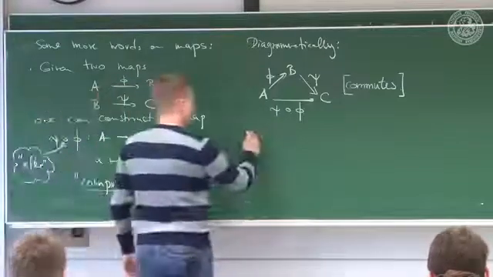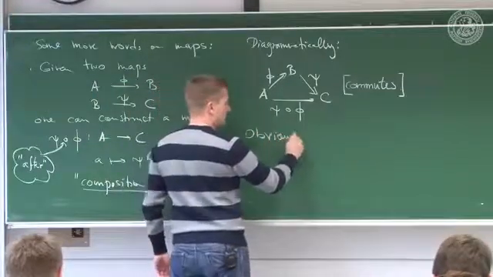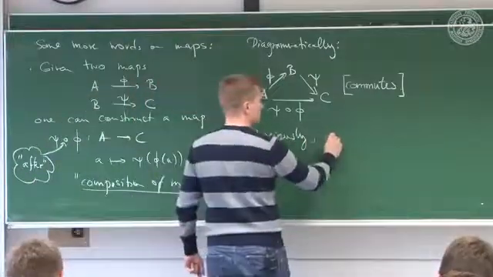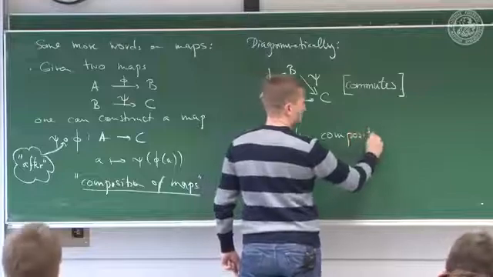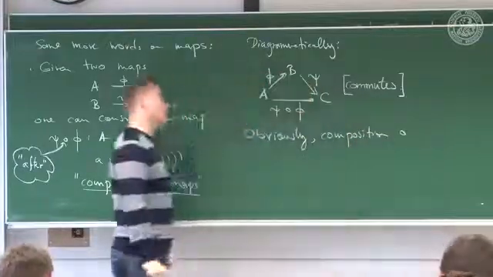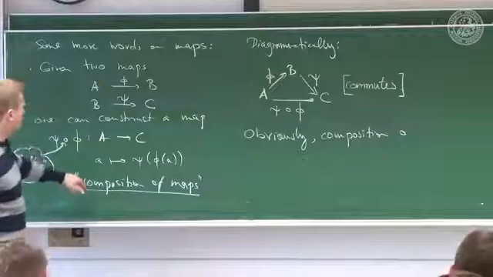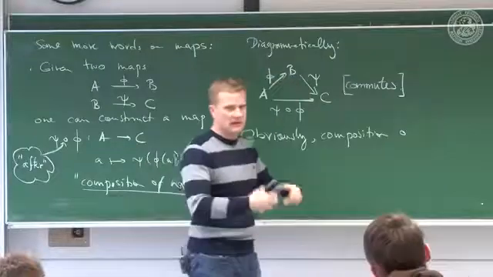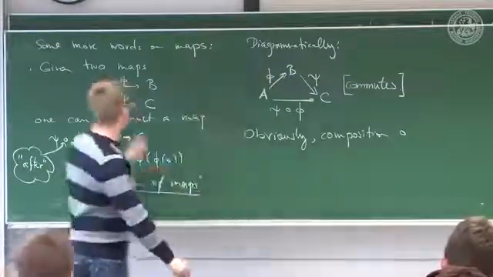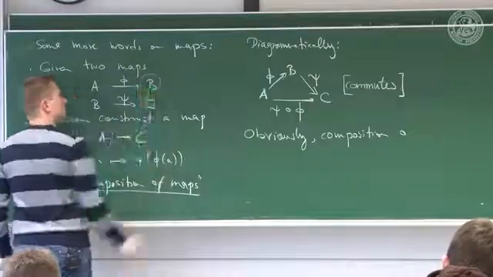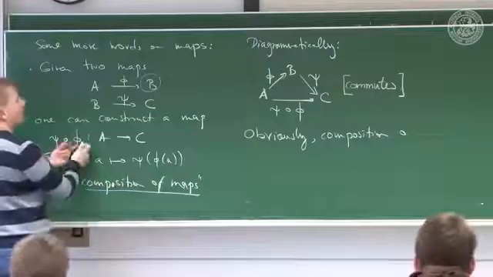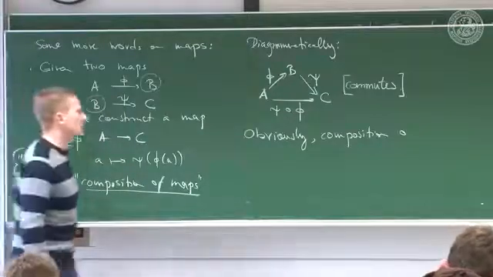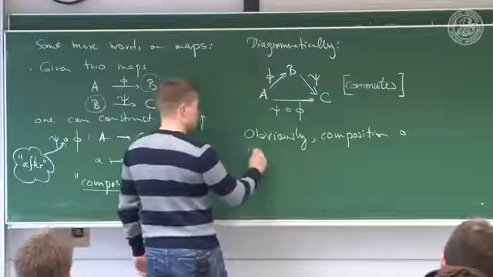Now, quite obviously, but it needs to be checked, but it's a one-liner, composition circ is an operation on the space of maps, because of two maps it makes a new map, but only if the target of the first map is the domain of the other map, obviously. So obviously composition circ is associative.